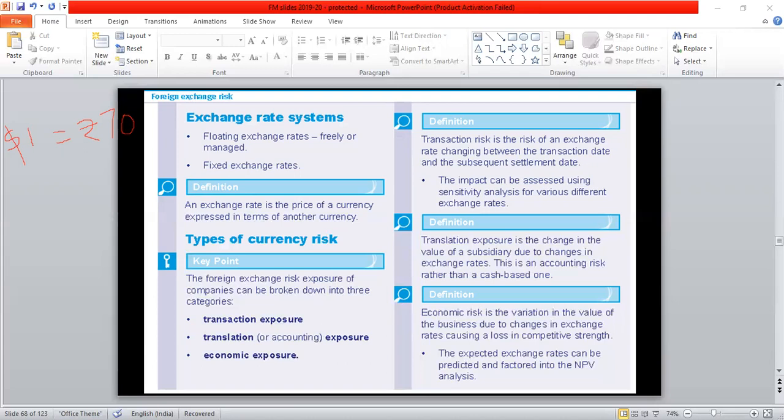So now when two parties enter into an agreement about dealing with foreign currency, buying and selling of the foreign currency, let's say there is an agreement they enter into as on today. To fulfill that agreement after a while, let's say today's date is February 1.